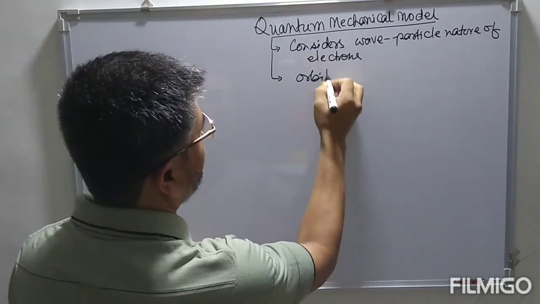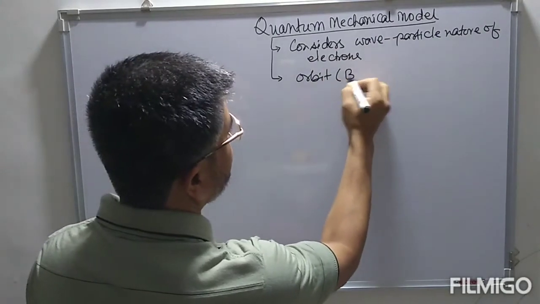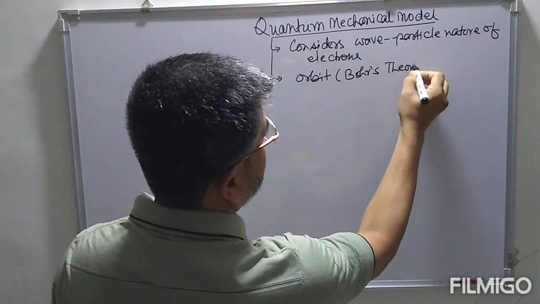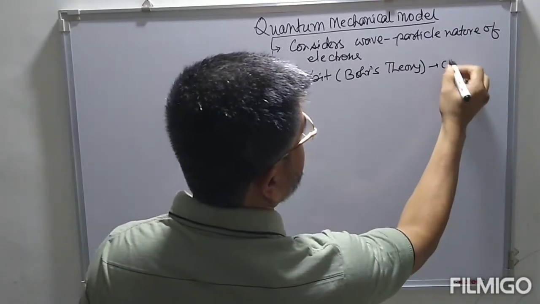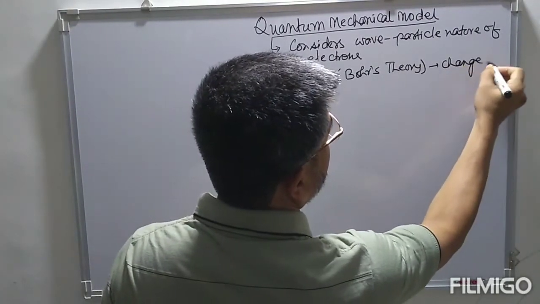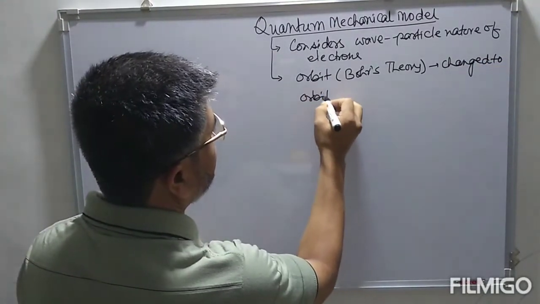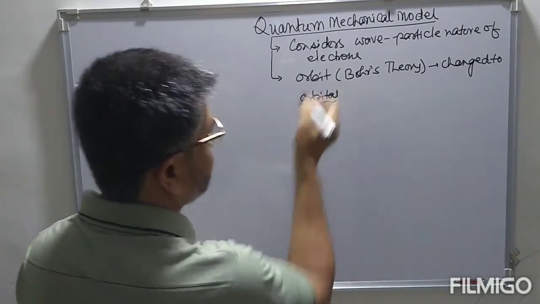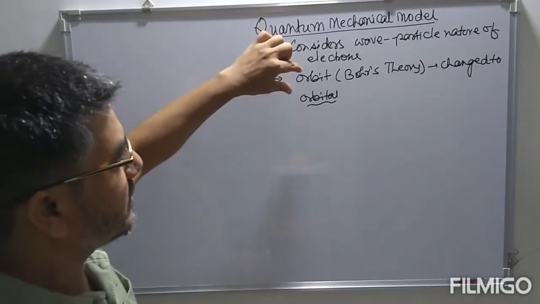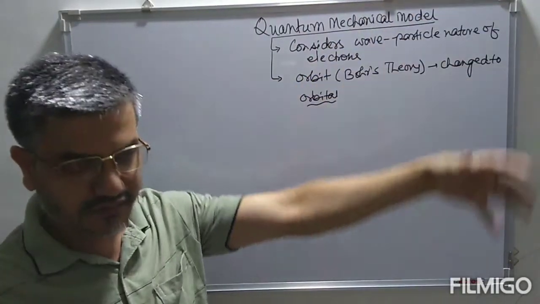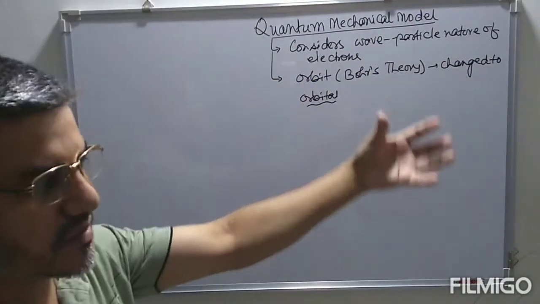So the orbit of Bohr's theory is changed to orbital.